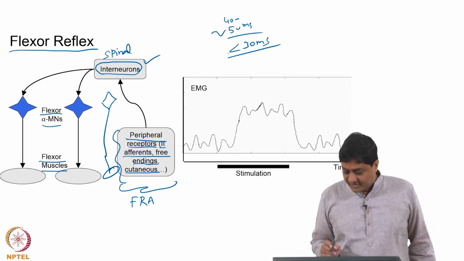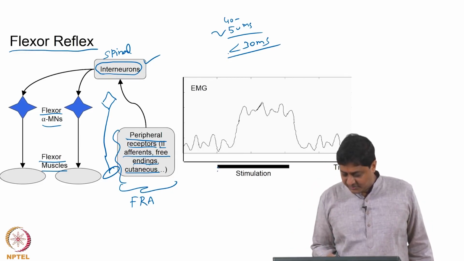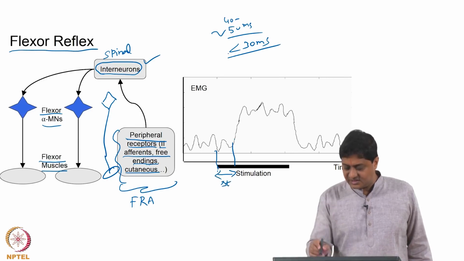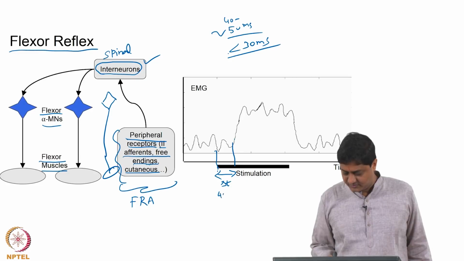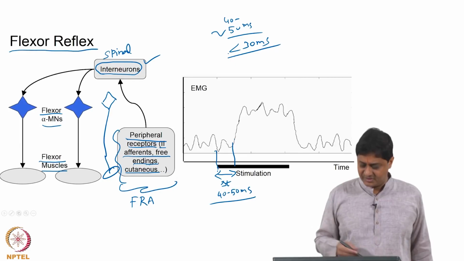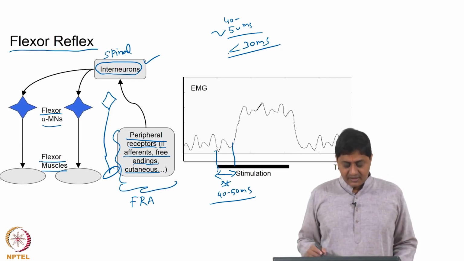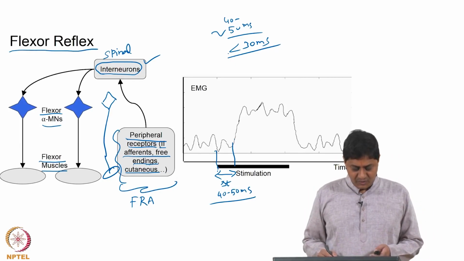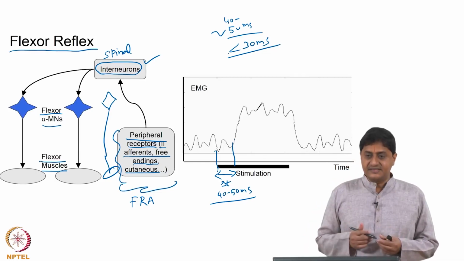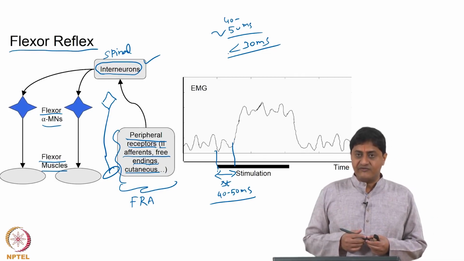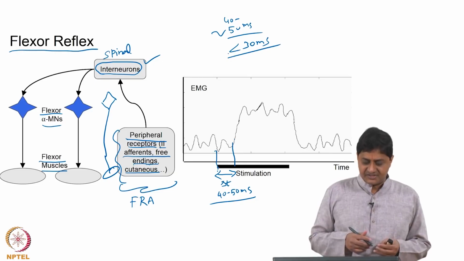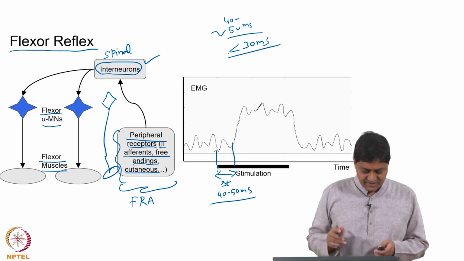Now let us say that the stimulation is happening at approximately that time, and the response starts at approximately that time. So that is the delay. This delta t is what I said is about 40 to 50, may change on a case to case basis. Typically this is what happens. Now, what also happens is the case of the crossed extension reflex and other things which we will discuss in future classes.